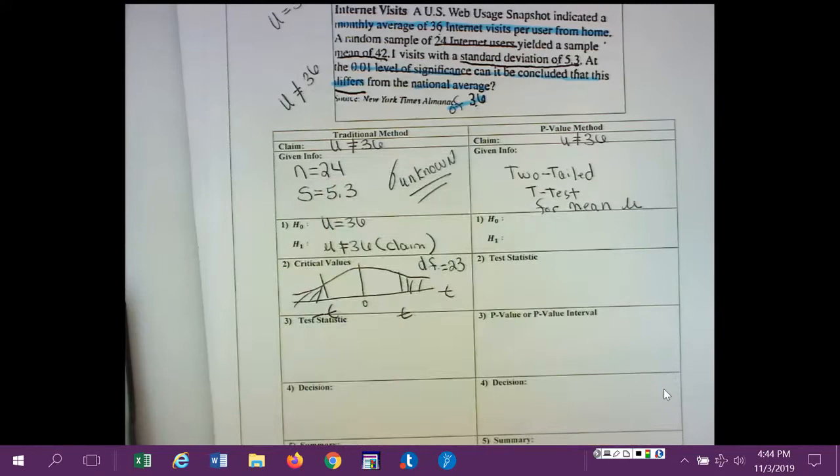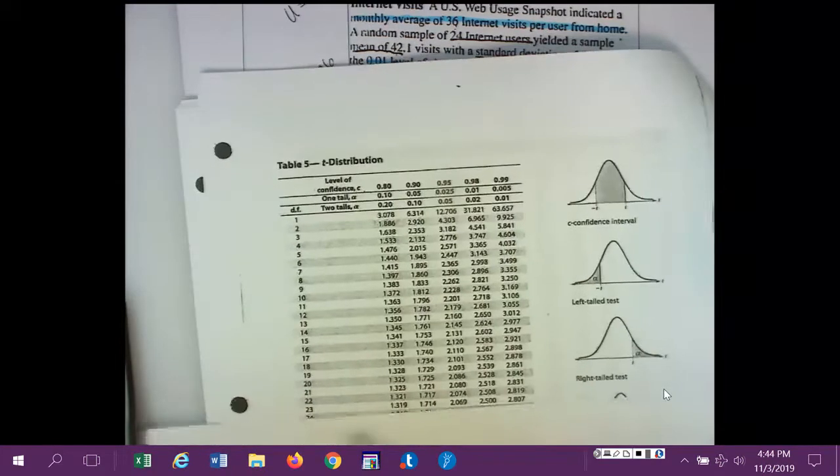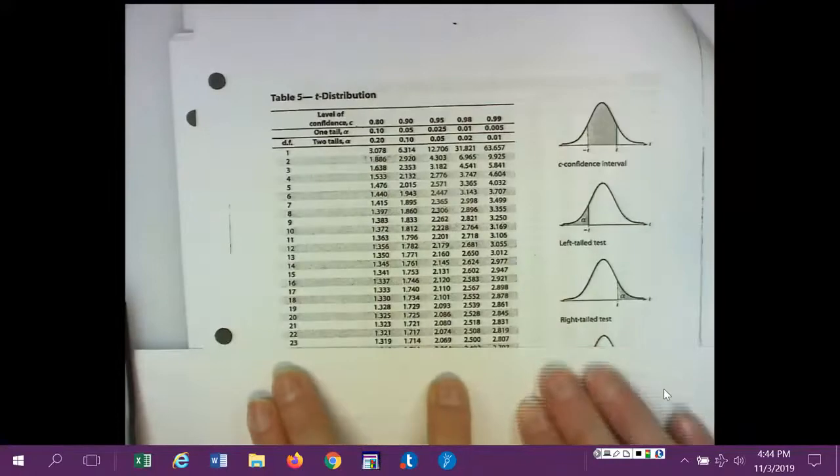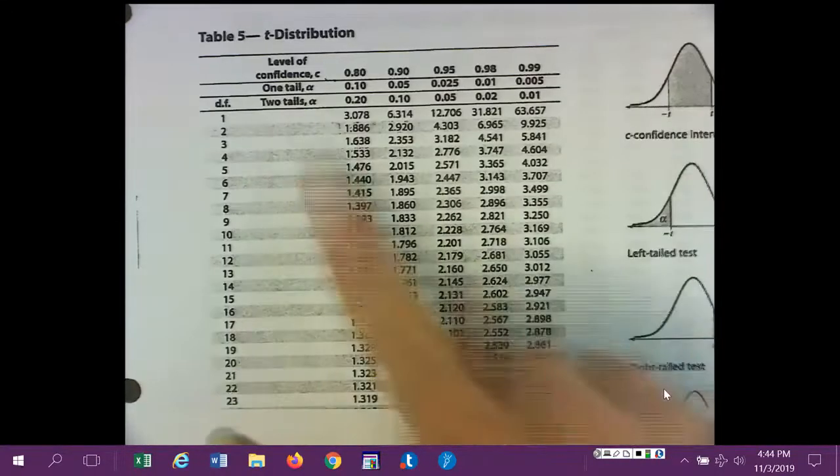You go to the t-table and you isolate row 23. You look at the very top and you have to decide, was this a two-tailed t-test or a left-tailed or right-tailed? Well, it was a two-tailed.